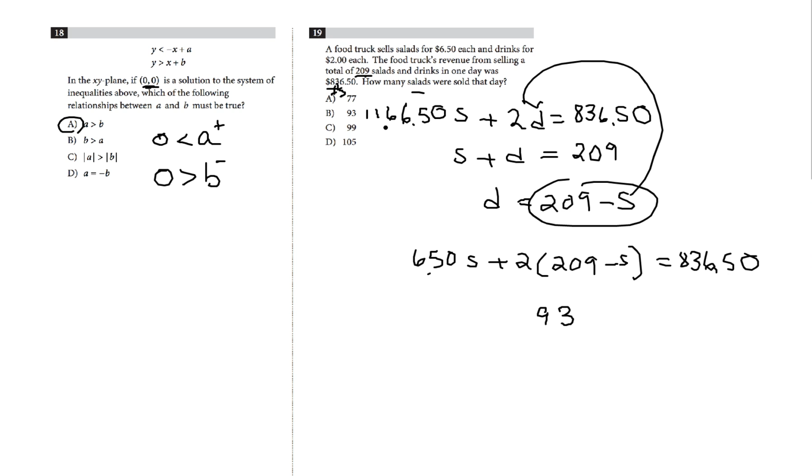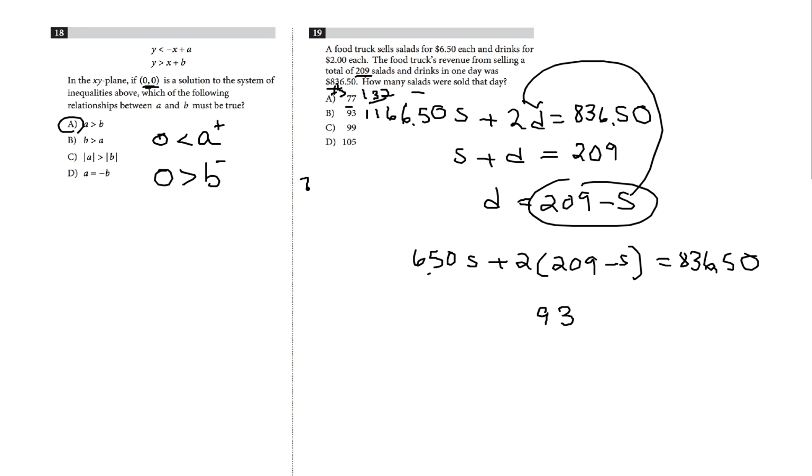And we can do A. We can take the calculator here. 209 minus 77. So this is going to be 132 drinks. So you can just check them and see if you get the right total.